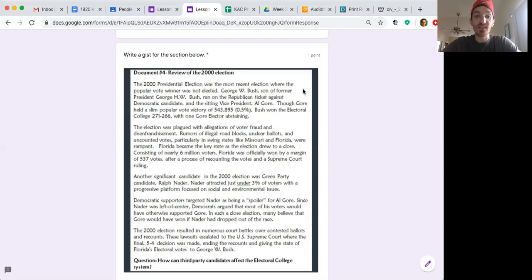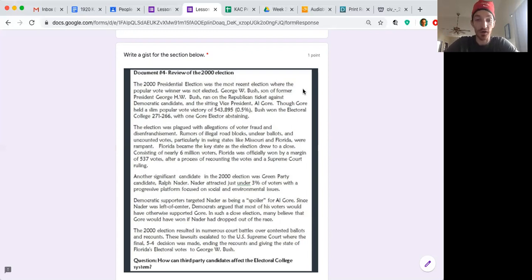Consisting of nearly 6 million voters, Florida was officially won by a margin of 537 votes after a process of recounting the votes and a Supreme Court ruling. Another significant candidate in the 2000 election was Green Party candidate Ralph Nader. That's a third party. Nader attracted just under 3% of voters with a progressive platform focused on social and environmental issues.